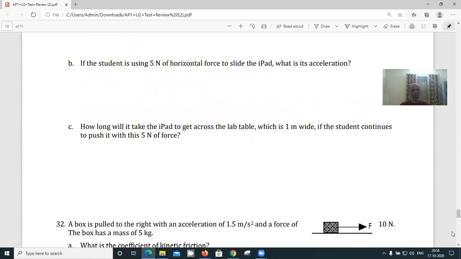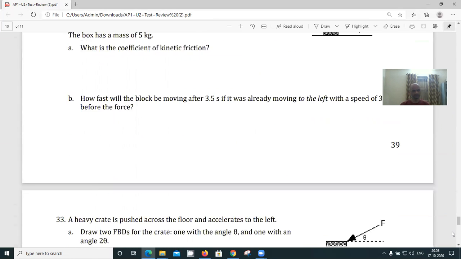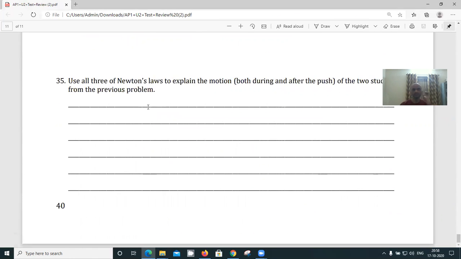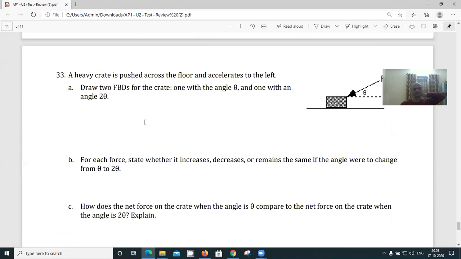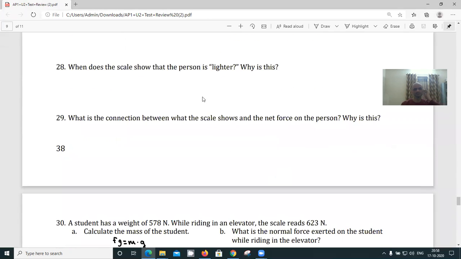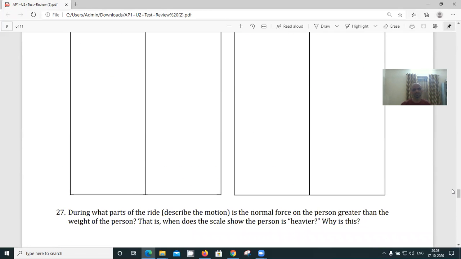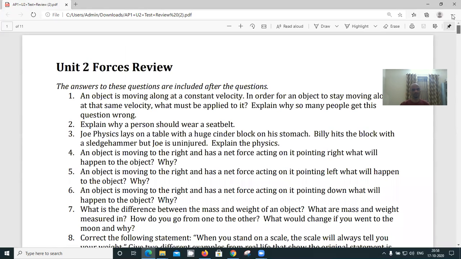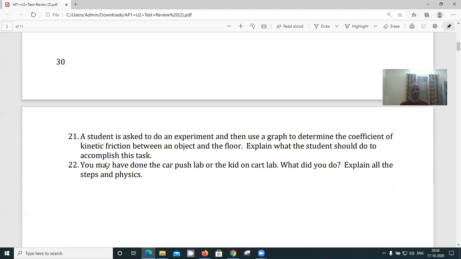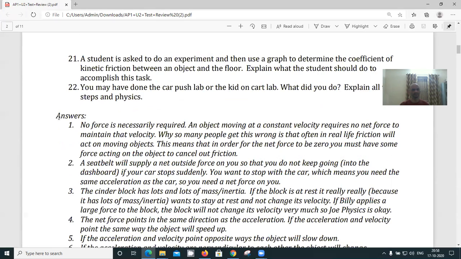Yeah. So how many have you got? Where is the answer key? It's on a separate document. Okay. But for the first part, they give the answers right here. Yeah.